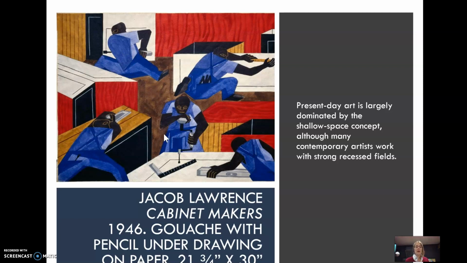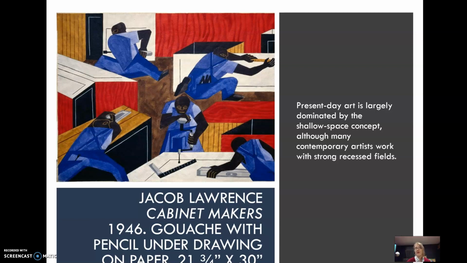Now, there is shallow space. This is an interior image, so there's not deep space. The space probably goes back, I don't know, maybe 20 or 30 feet, okay? Present day art is largely dominated by the shallow space concept.